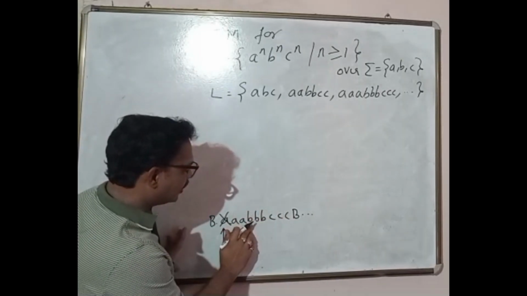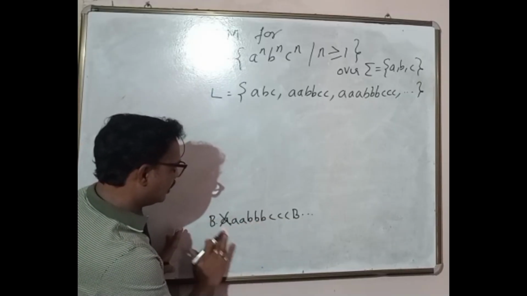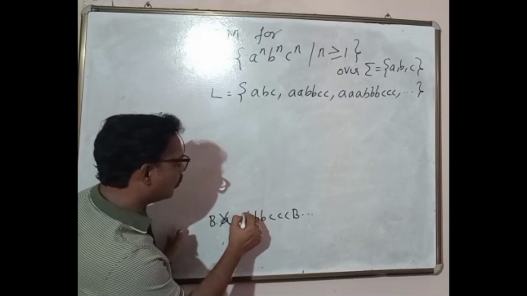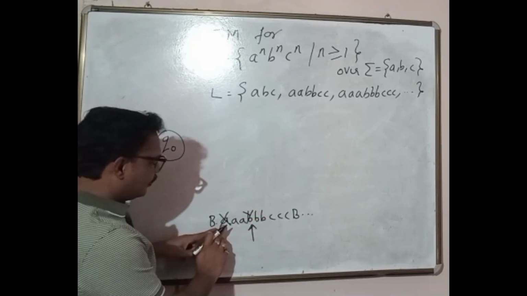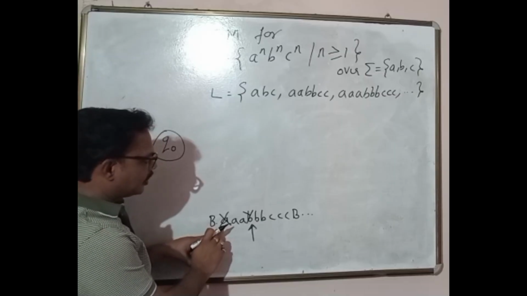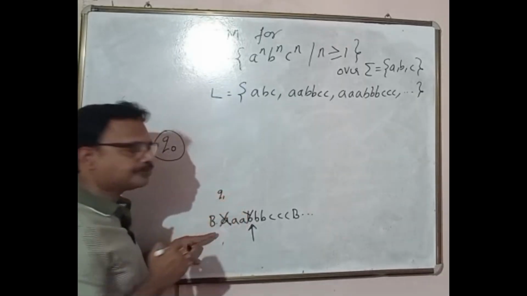Then, if it comes across the symbol B, we override that cell by Y. Whenever it comes across A and writes X, it will be in state Q1.